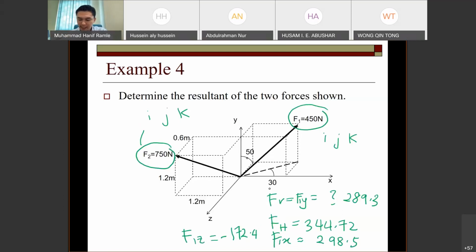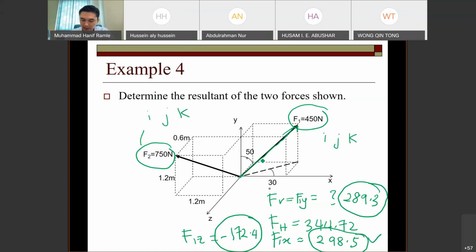So if you are not sure about the positive and negative sign, you have to check after you get the value. Let's say you got y is 289, x is 298, and z is 172. You can check here. This force, if you look at the x-axis, should be positive because it goes from the origin to the positive side, and this is correct.